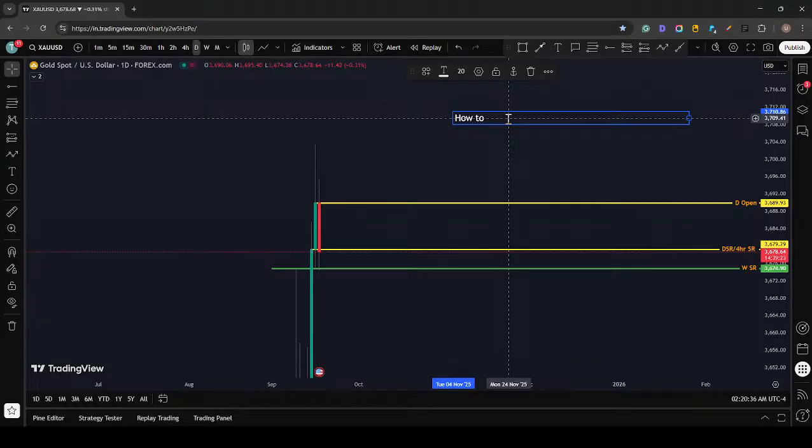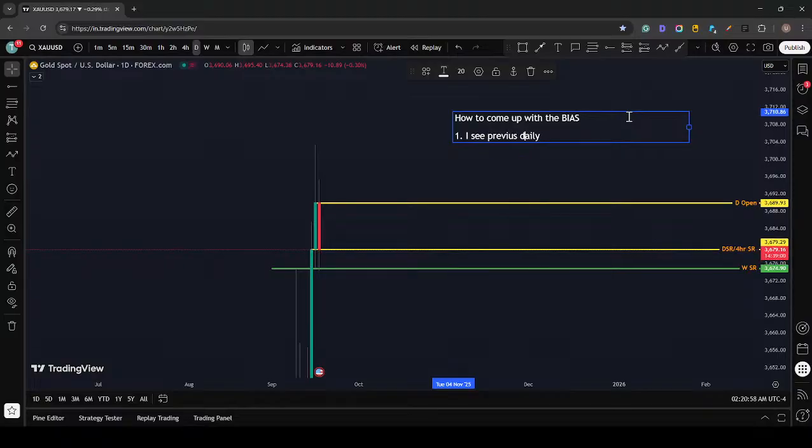Okay, so how to come up with the bias? Number one, I see the daily time frame, the previous daily candle close.